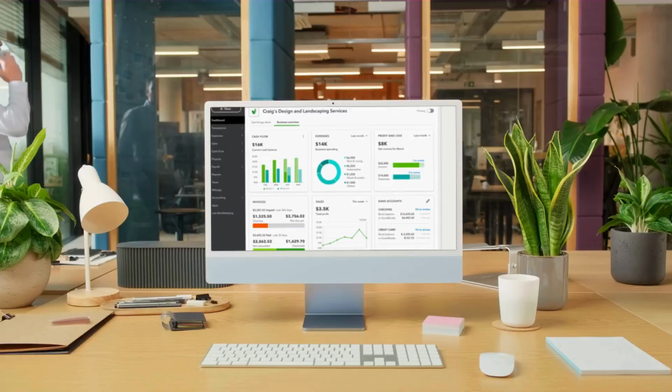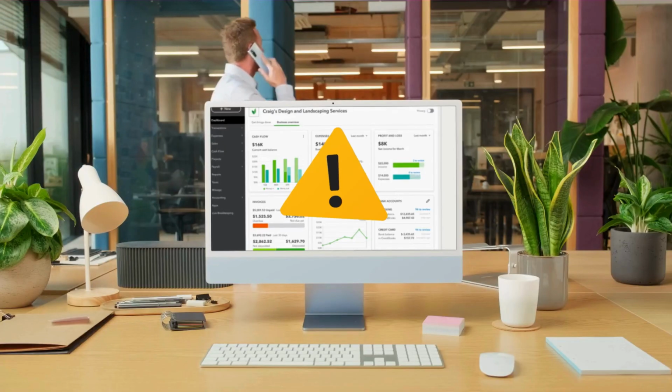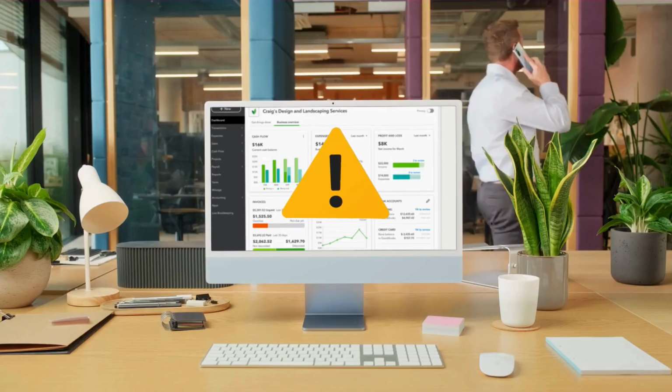Sales creates products to close deals, warehouse creates products to receive inventory, accounting creates products to invoice, and nobody owns the master product list. So QuickBooks ends up tracking chaos instead of inventory.